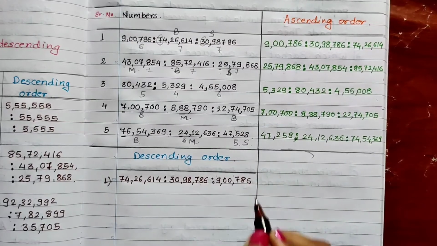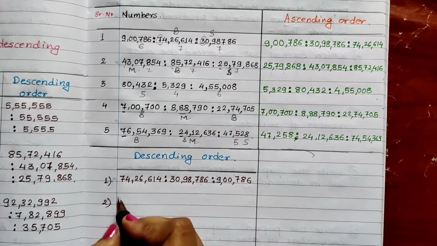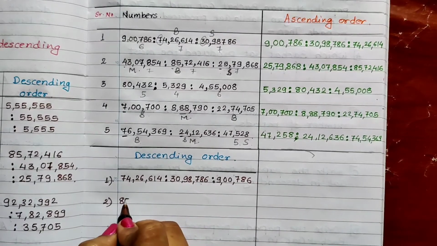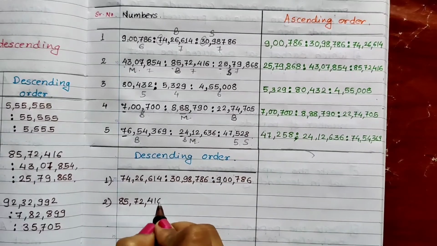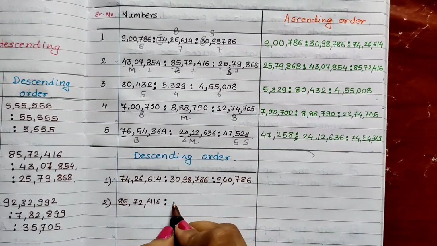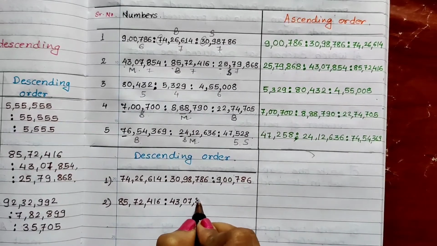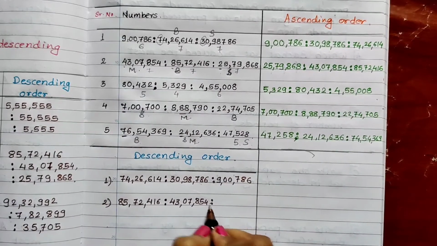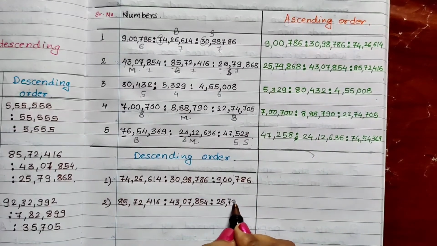In this way you can write from this ascending order. 43,07,854, and then the smallest one is 25,79,868.